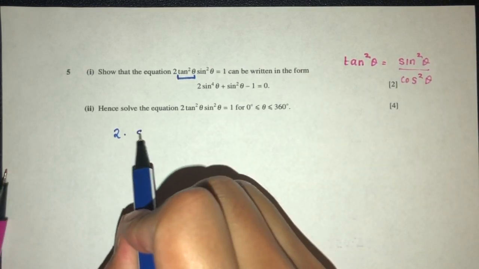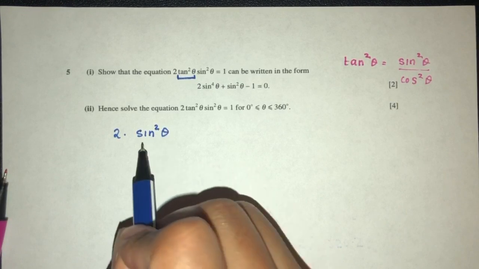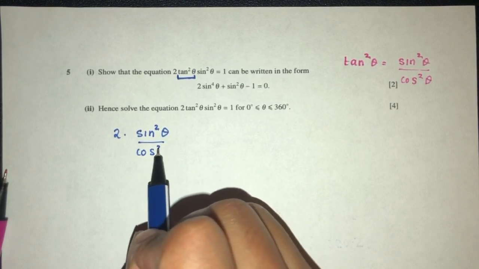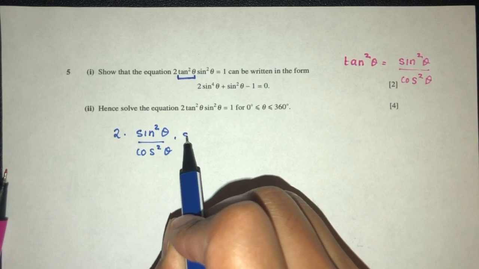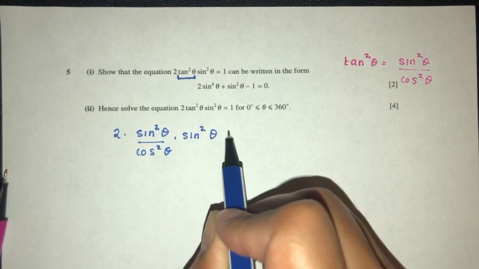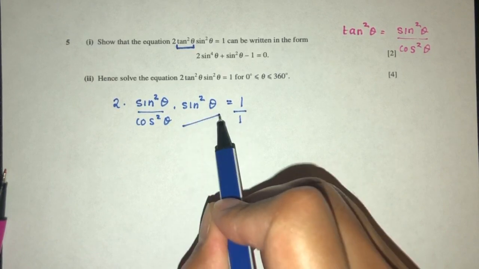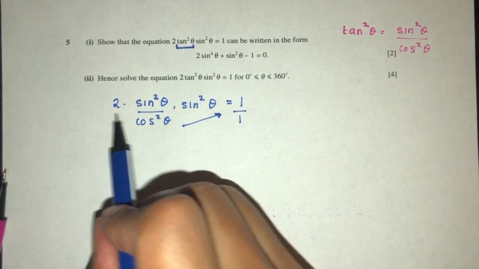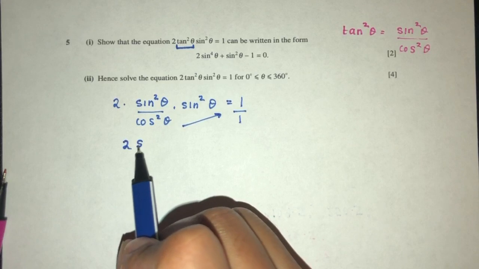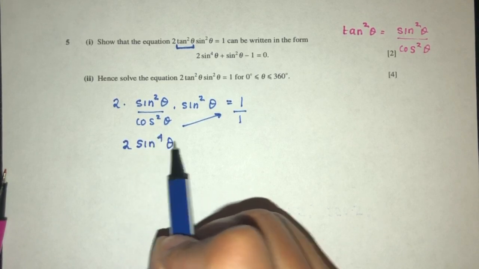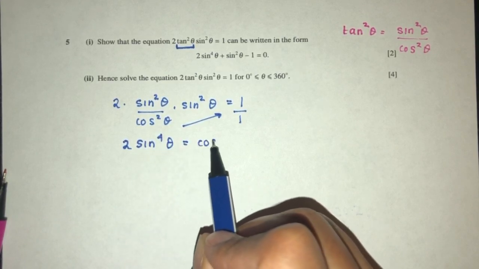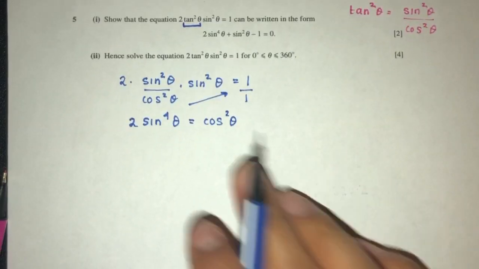2 times this over this is equal to 1. Now we can cross multiply. This will go here, right? So you will have 2 sine power 4 theta is equal to cos square theta. Now we can send this over here.